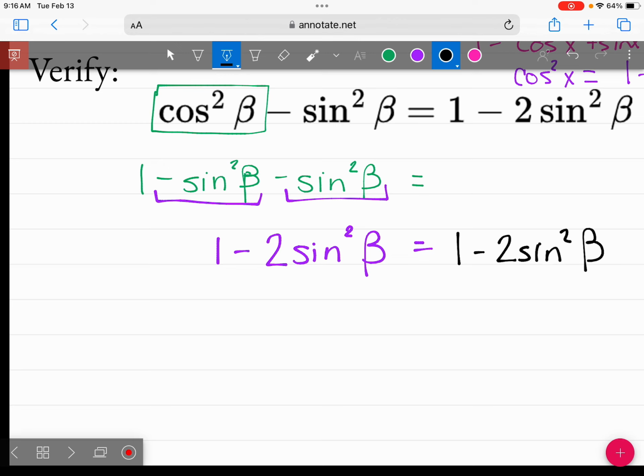Just a weird looking thing. But all we care is that my left-hand side now matches my right-hand side. We had to go about it a weird way because I needed to switch them all over to be sines, but it's a thing.